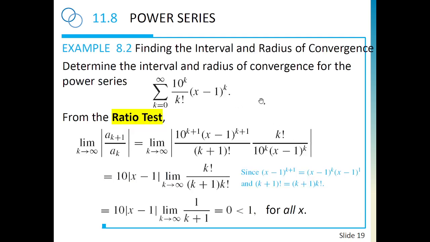Another example, again we want to find the interval of convergence and radius of convergence of the series. What do we do? We use the ratio test. We compute the limit of the ratio a_(k+1) over a_k in absolute value, and we know that the series will be absolutely convergent by the ratio test when this expression at the end is smaller than 1.